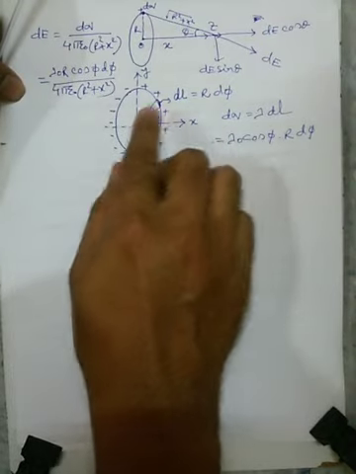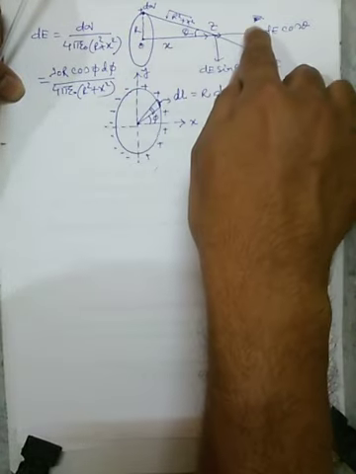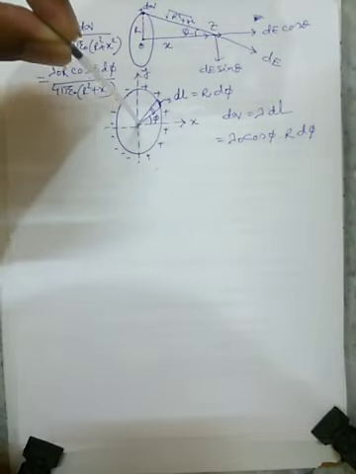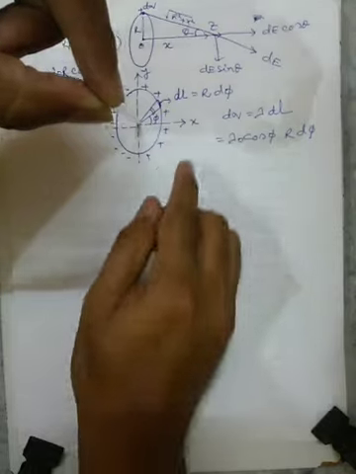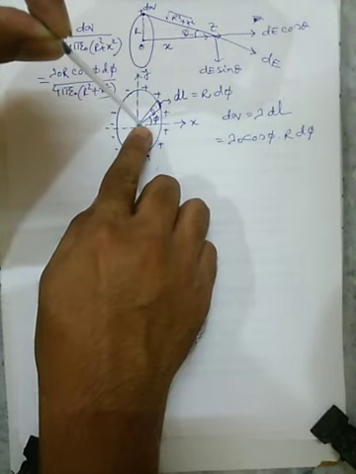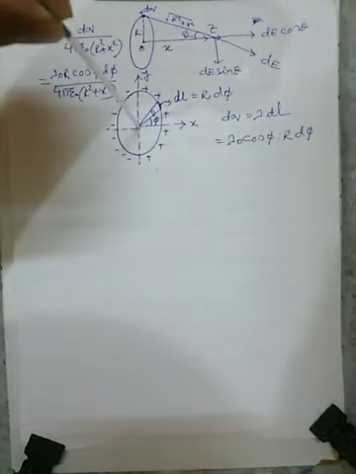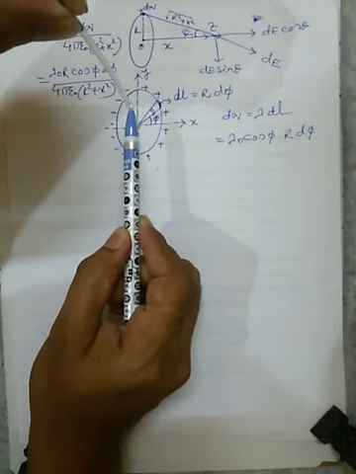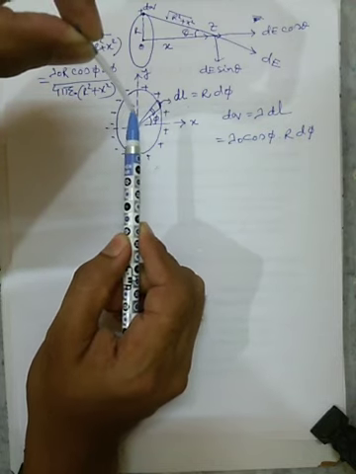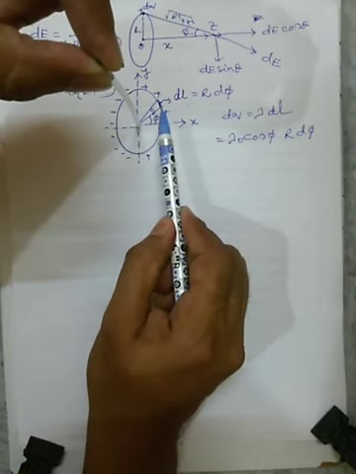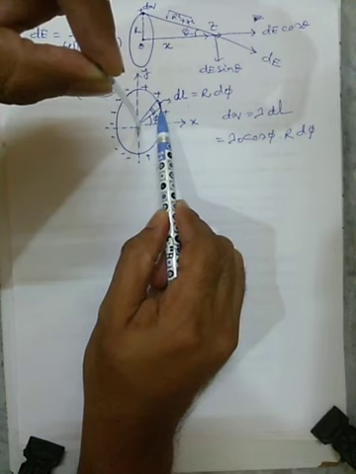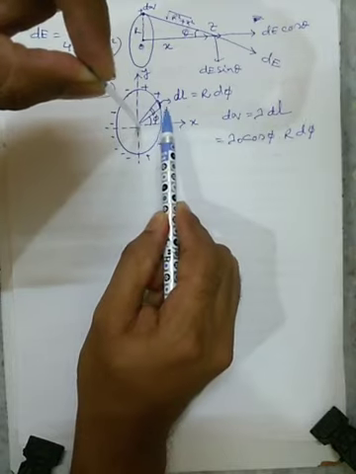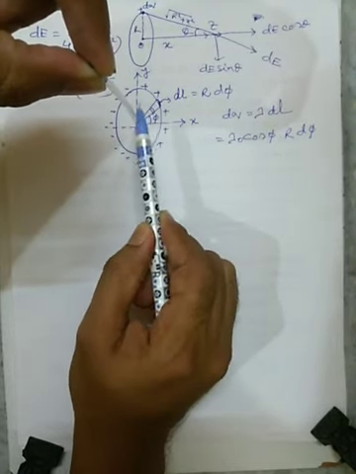Now this is x-axis, this is y-axis, this is z-axis. You have to find out the electric field at a point which is at a distance x from the center. Consider we have to find the electric field at this point, and this point is at a distance x from the center. Due to this part of the ring dq, we have found the electric field dE, which is directed at this point away from the charge.